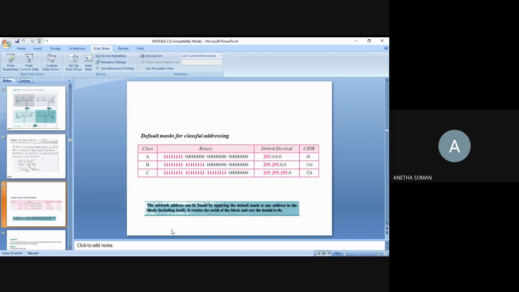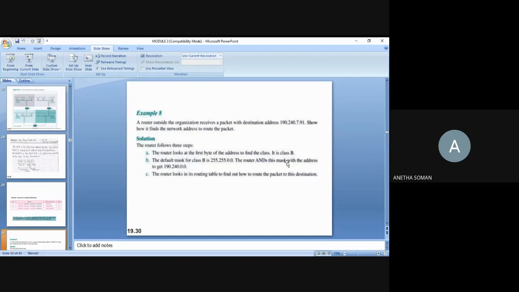It retains or preserves the net ID of the block and sets the host ID to zeros. Now, as an example, I will show what that means.